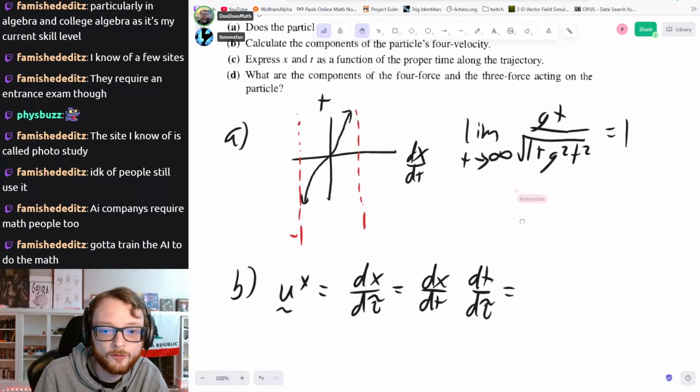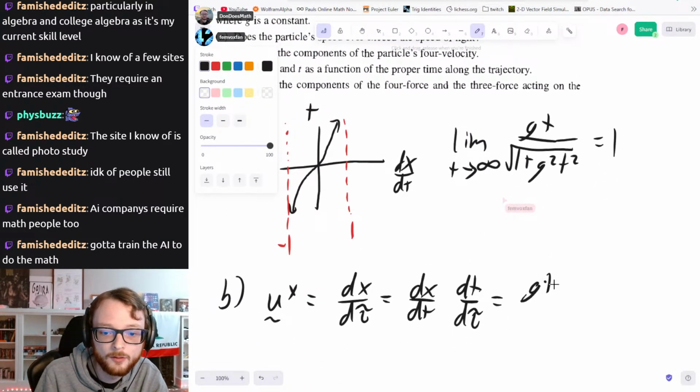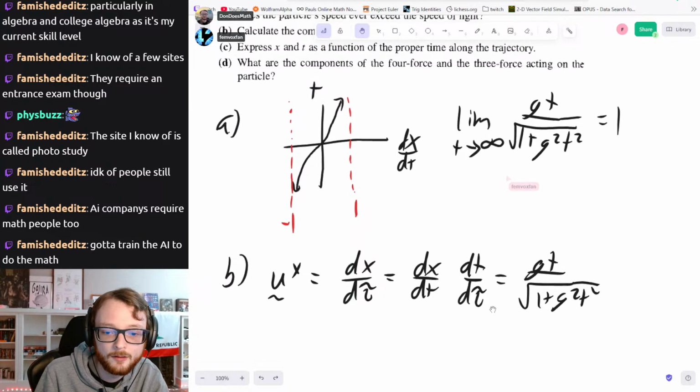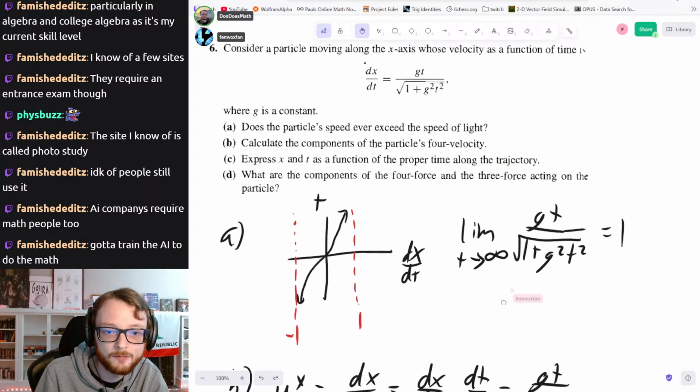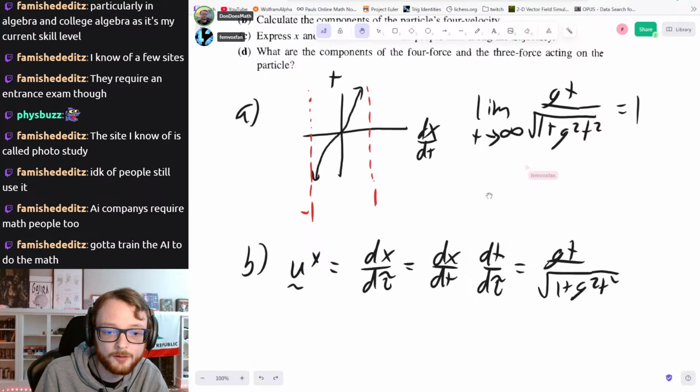And we know what dx dt is already. Yep. dt d tau, now that's gamma, except the velocity is varying.